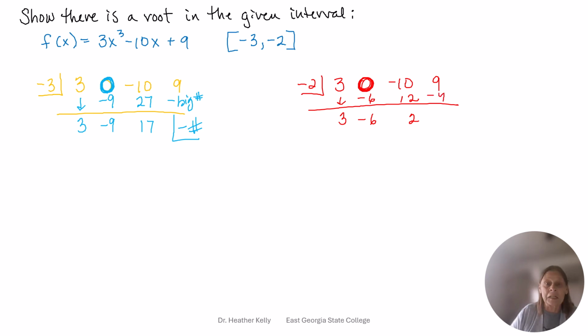This one's easy enough to figure out. I'm going to say it's 5. That's a positive number. Therefore, we can say at least one root in the interval from -3 to -2.